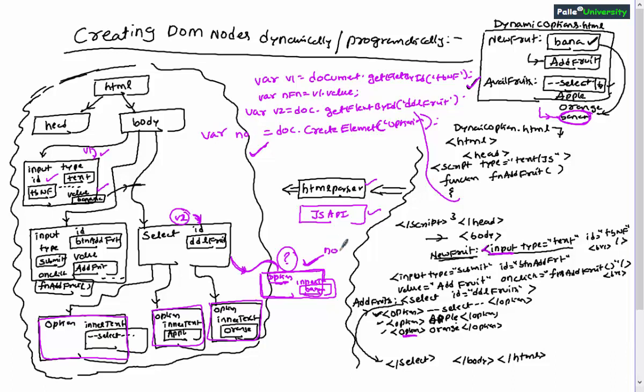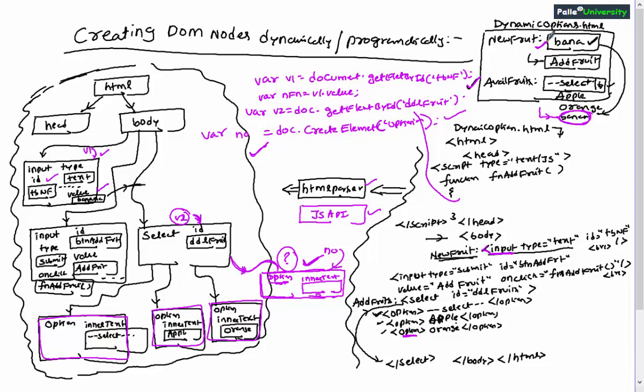So now the NO variable will be created in the DOM tree, and the NO variable will be pointing to the newly created option. Once this code is executed, you will get an empty node like this, just option, but without any inner text. Now we want the inner text property with the given data present in that text box.